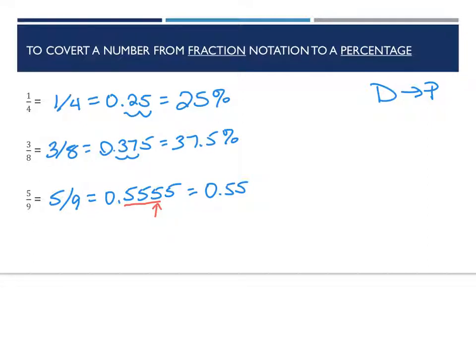To figure out what the third digit is, I have to look at the number that comes after it, the 4th digit. If that number is 5 or more, I'm going to raise this number to a 6. If the digit that comes after it is 0 through 4, I'm going to leave this digit a 5. Well, the number after it is 5 or more, which means my last digit is going to be a 6.